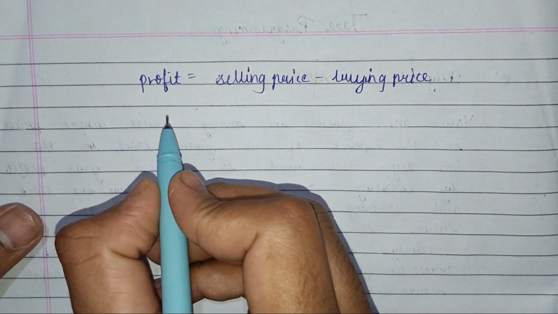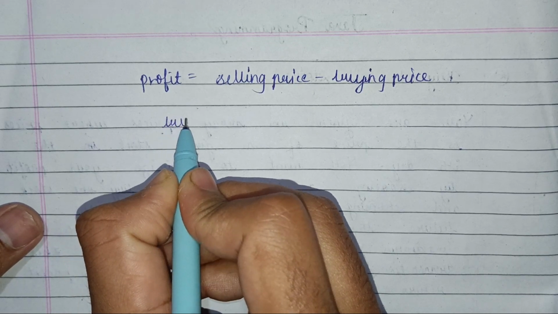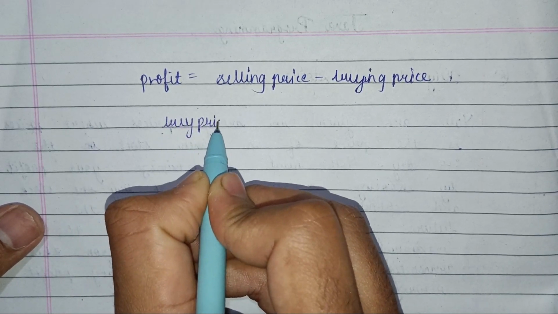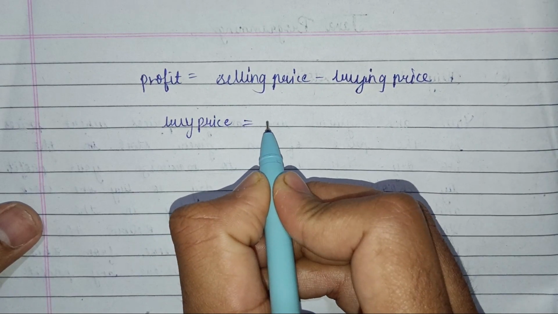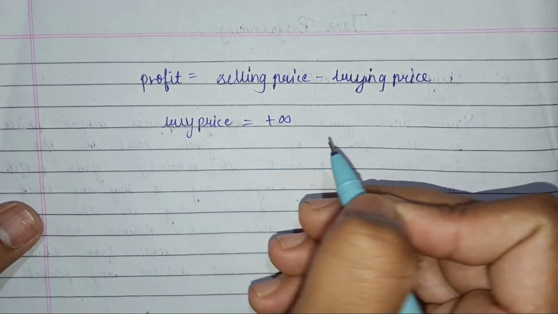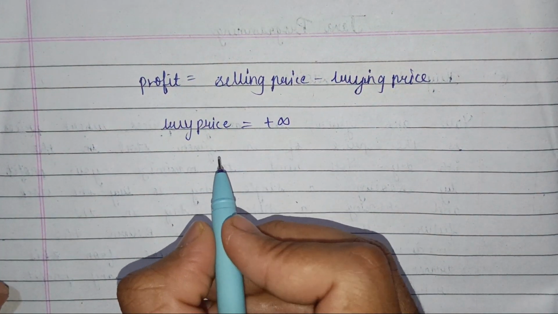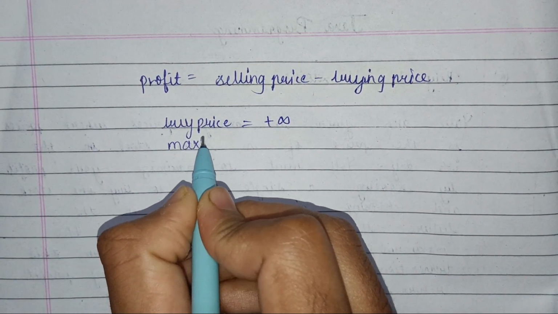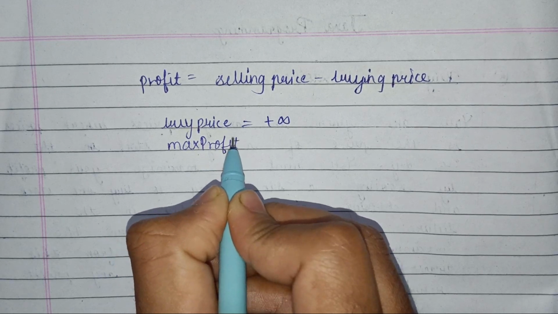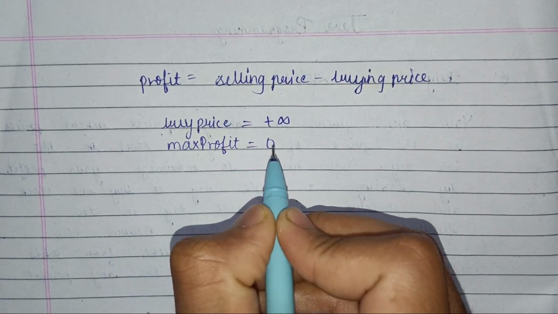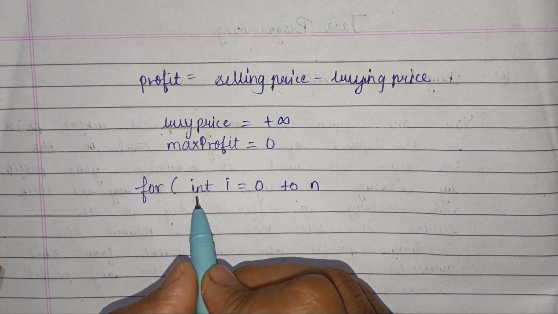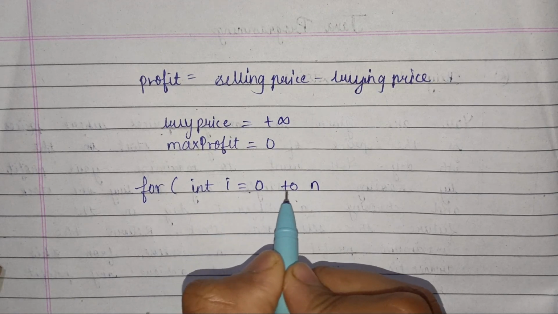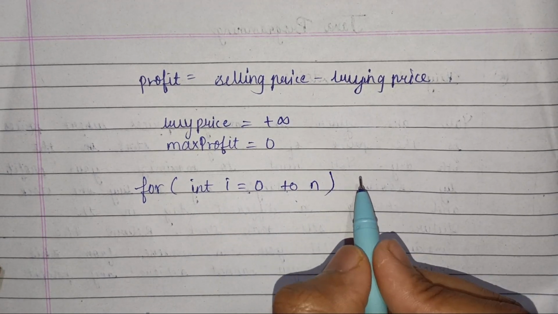First variable will be buy price, and it will be initialized by plus infinity. And we will take another variable, max profit, and it is initialized with 0. Then we will run a loop, i is equal to 0 to n.